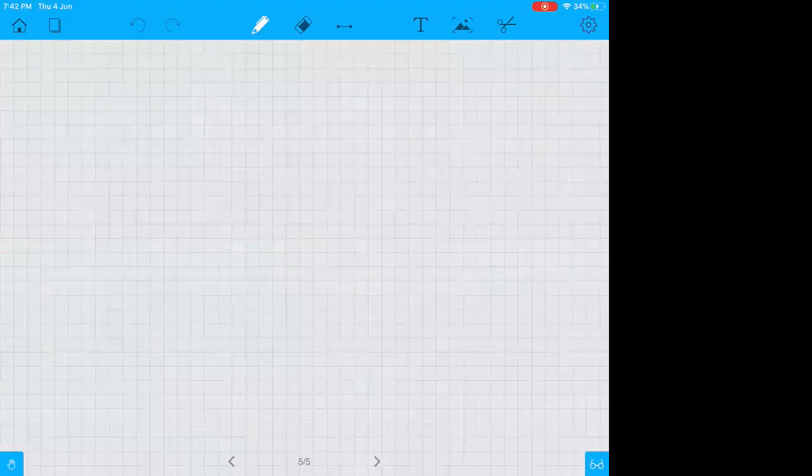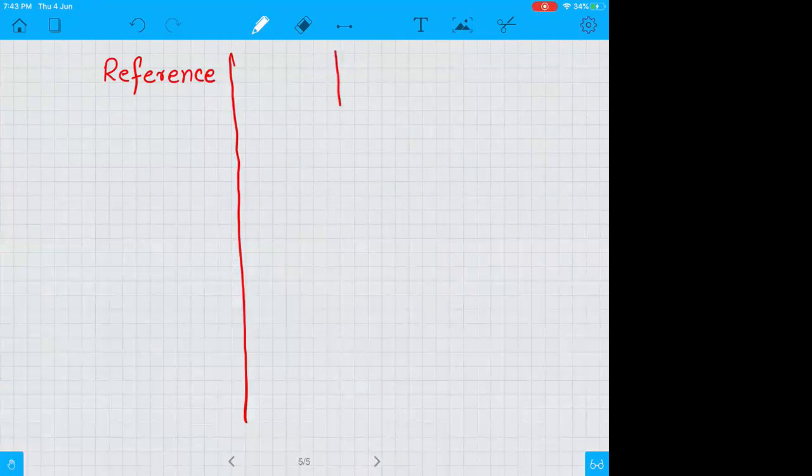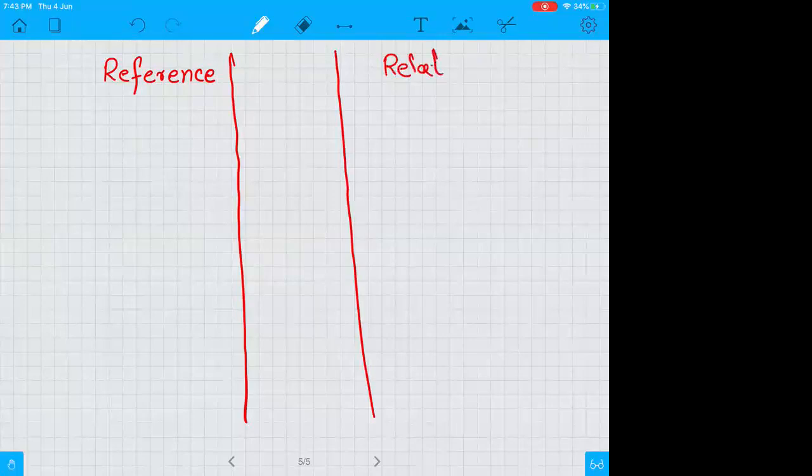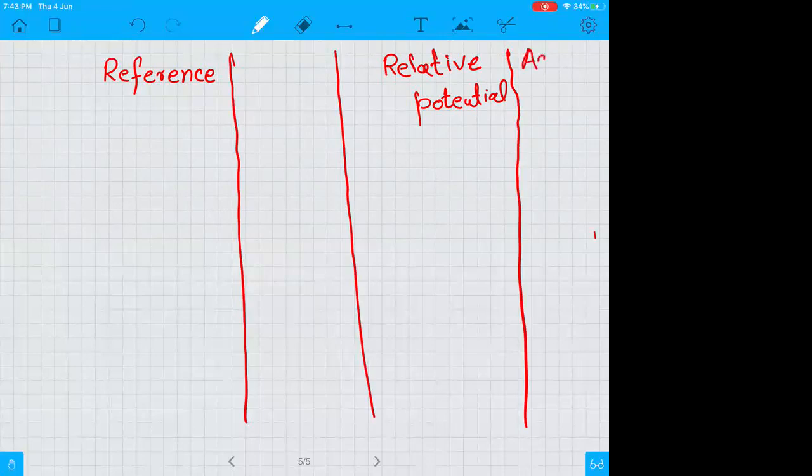Just for example, let's suppose we have a reference, and we have some relative potential, and then we have, just for example, actual potential.